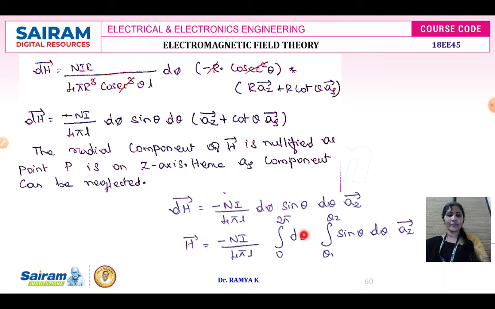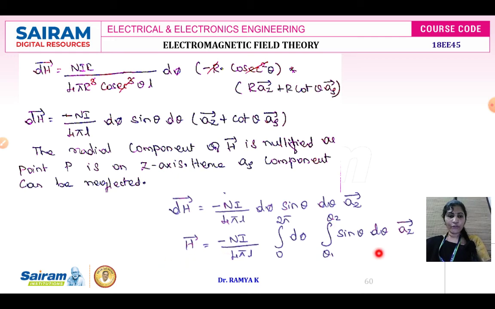When integrating, phi has to be integrated between the limits 0 to 2 pi, whereas theta should be integrated with respect to theta from theta 1 to theta 2, where theta 1 is nothing but the initial value of theta from the starting point of your conductor, and theta 2 is going to be the angle made from the end point of the conductor to the point under consideration.